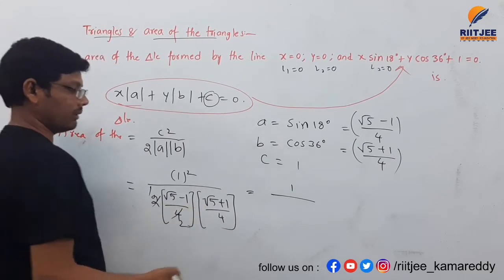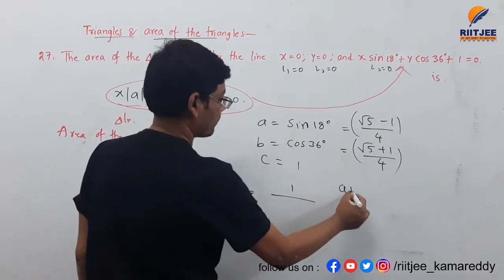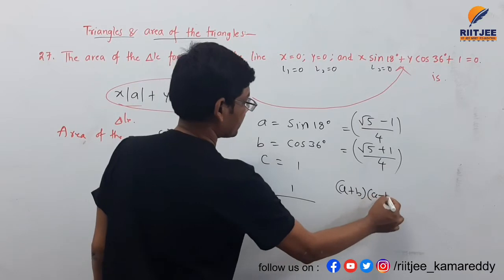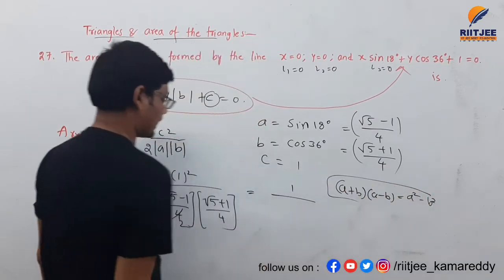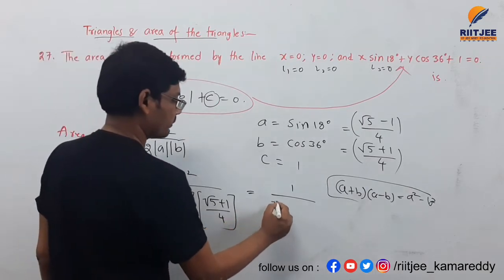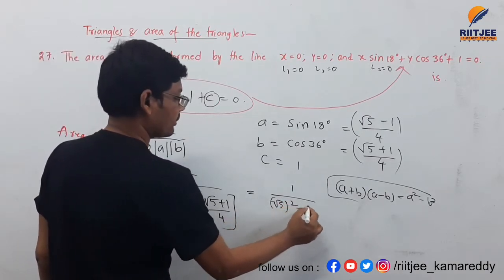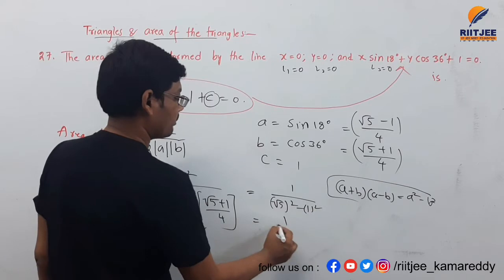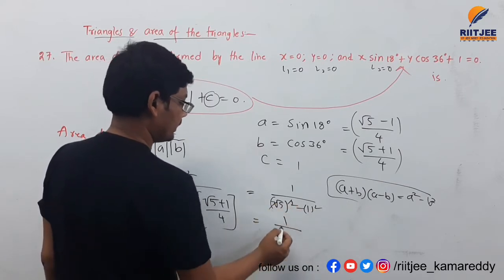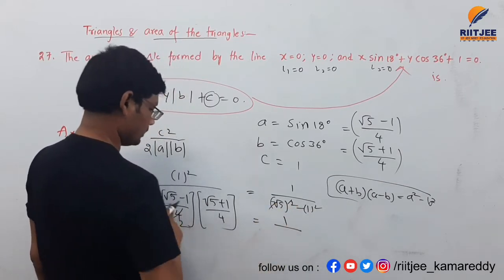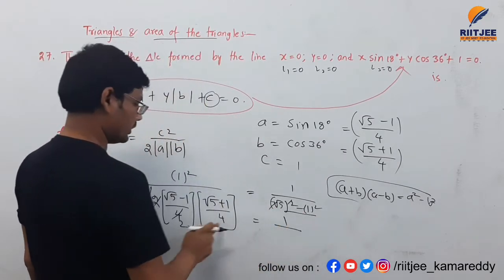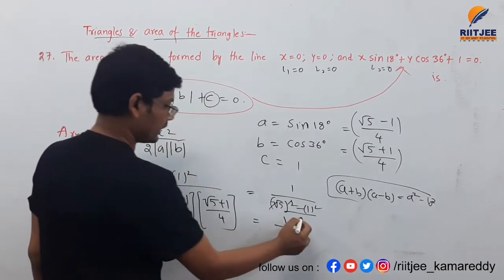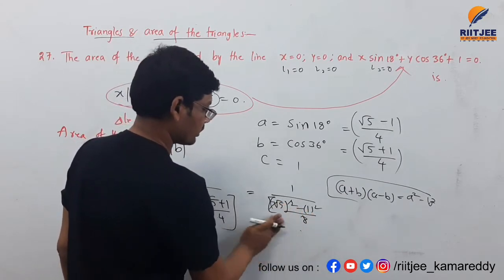It is in the form of A plus B into A minus B, which is equal to A square minus B square. This is the formula. So according to that, root 5 whole square minus 1 whole square, and the 4s cancel. Two fours are 8, so this is the 8 value.